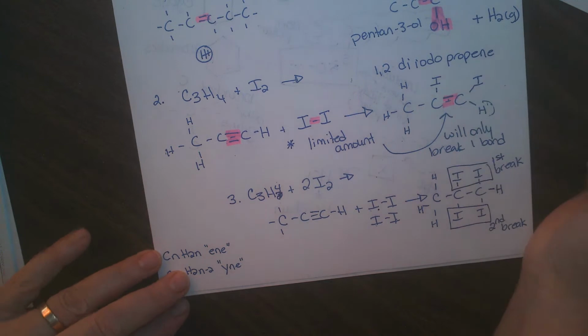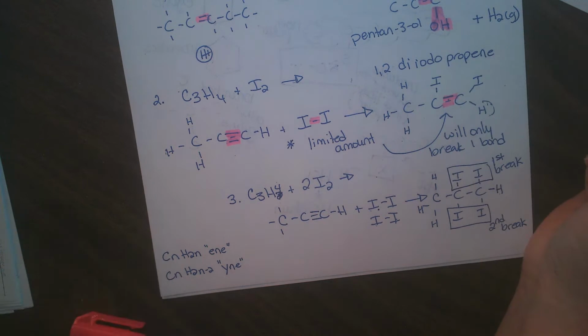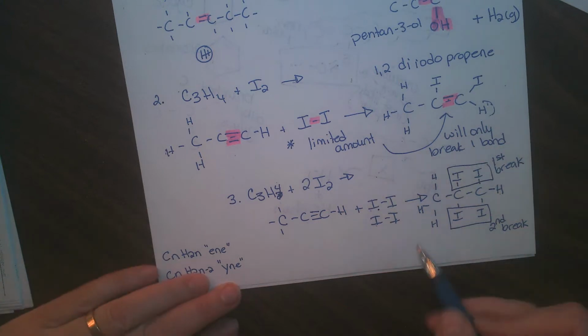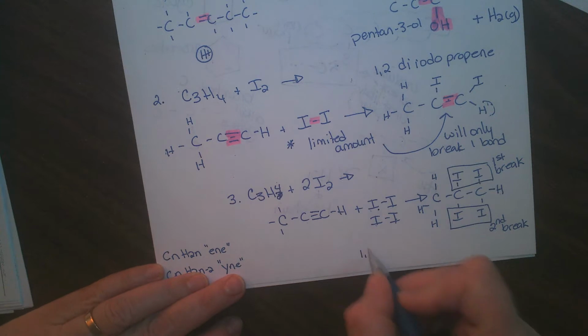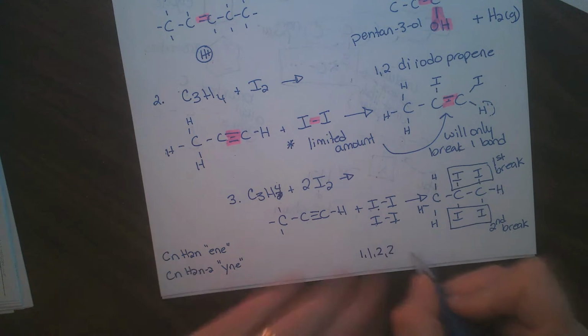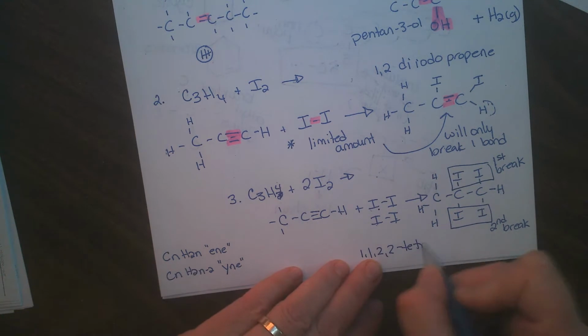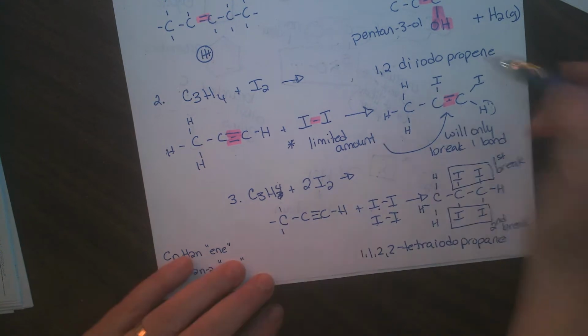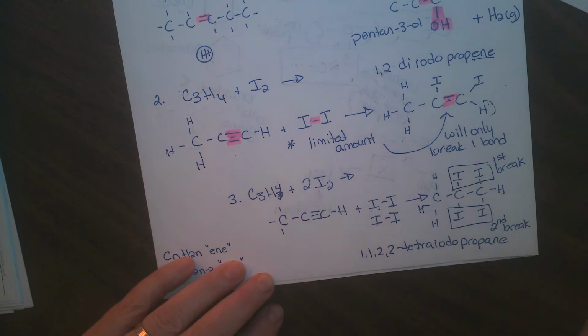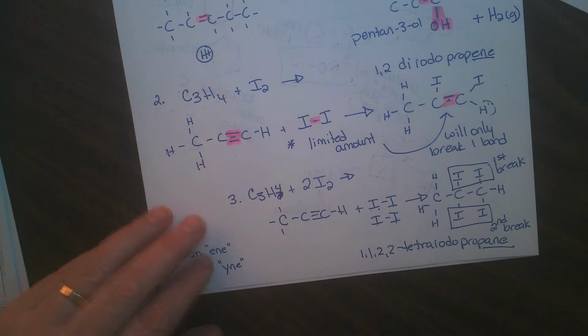You could do prop-1-ene, but if we don't say it, it's understood that it's on the first one. What would we say about this guy here? Propane. This one tells us that we still have a double bond present. This one tells us it's a straight chain single bond hydrocarbon.